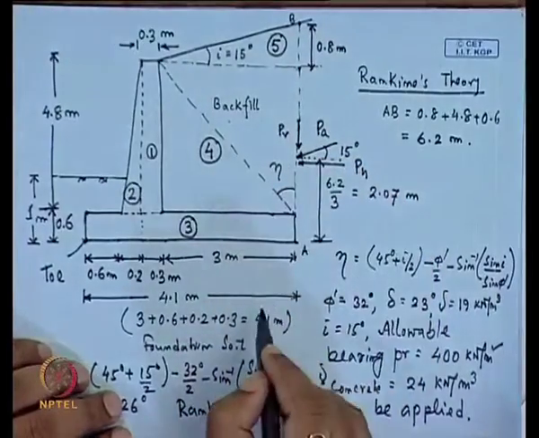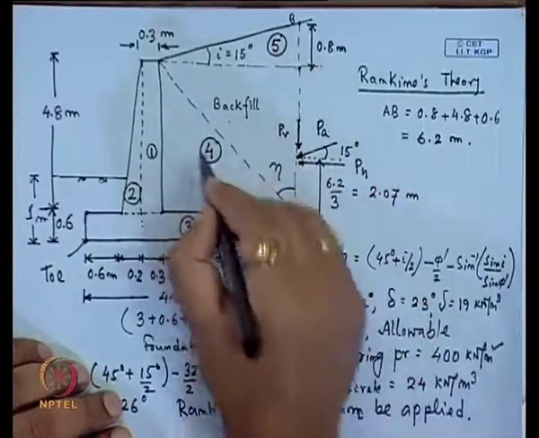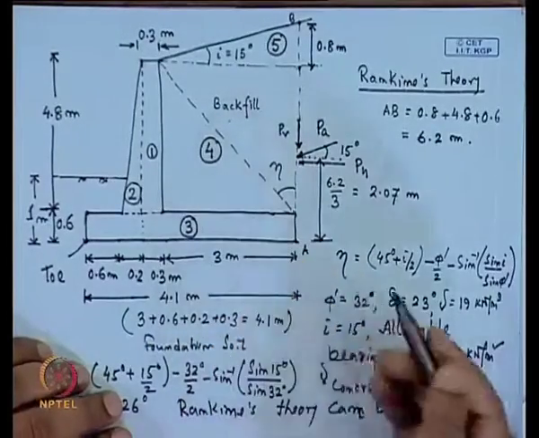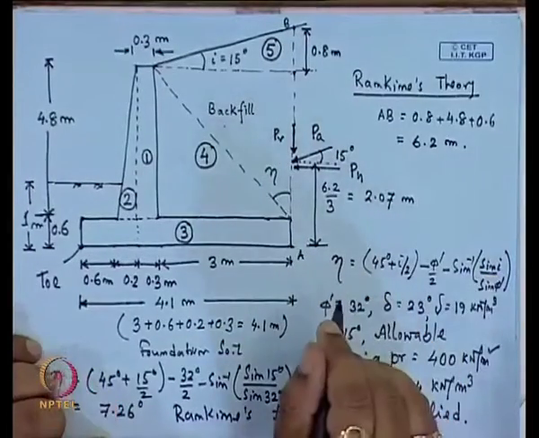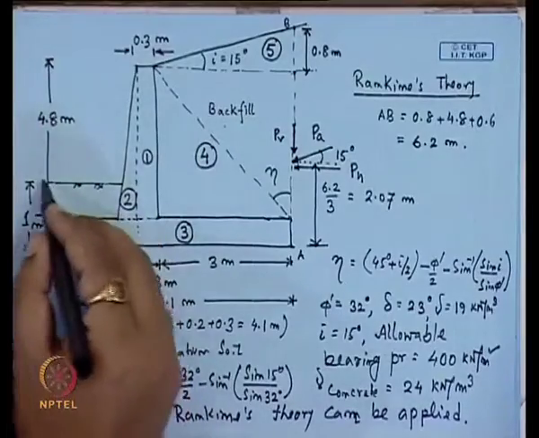Now, this is a home assignment for you. You can try to solve this problem by applying Coulomb's theory, and you can see what difference we get if you use the two different theories. Another one, that we are neglecting the passive resistance.